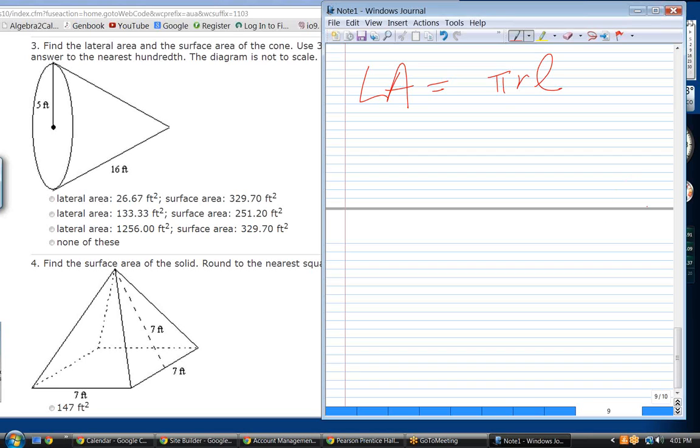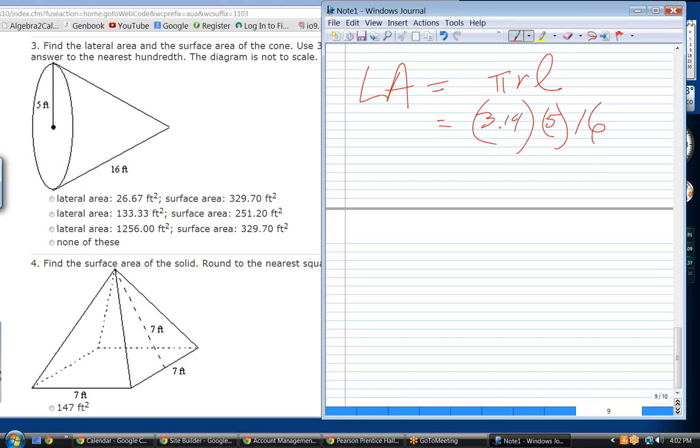All right. Does that say leave your answer in terms of pi? Actually, no. I don't see any pi's in the answers, so we'll have to use 3.14. The radius is 5, so 25 times 16. Where'd you get 25?